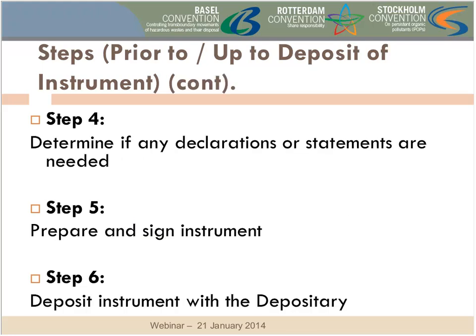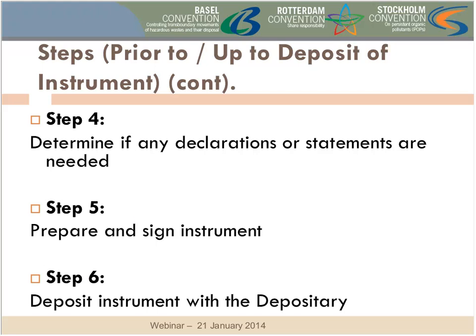And then next, you could look at if any declarations or statements are needed. The instrument that would be prepared and transmitted would need to go through the national process. So that could be, for example, just an executive order. It could be a parliamentary process.